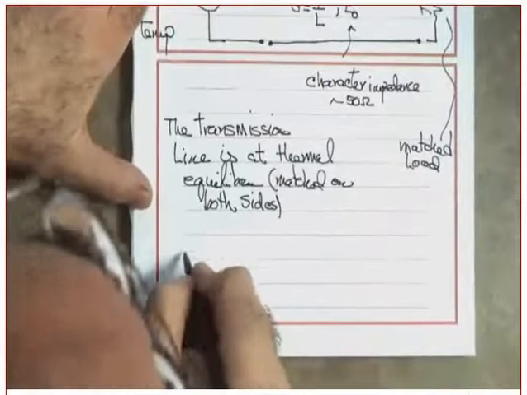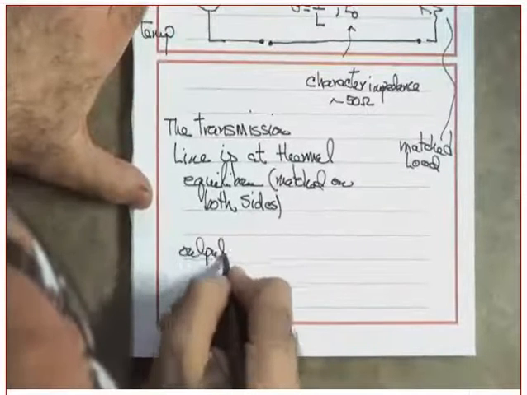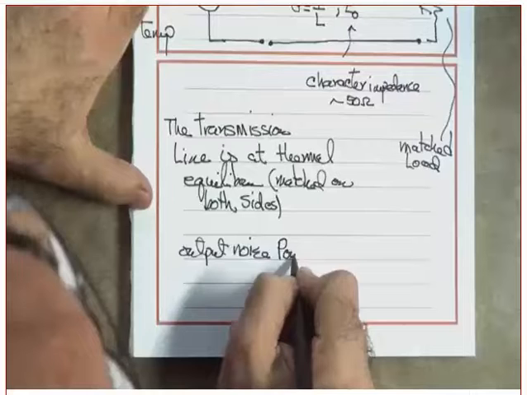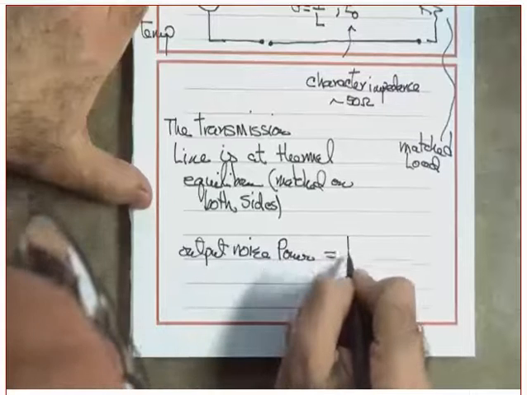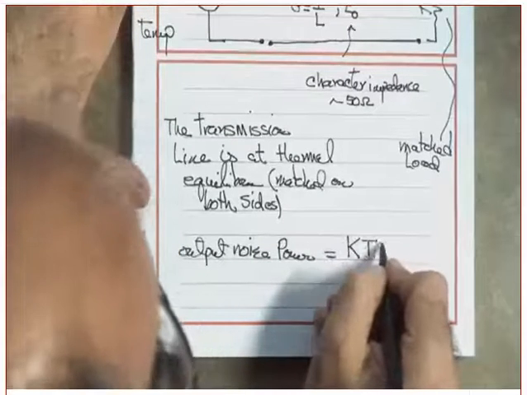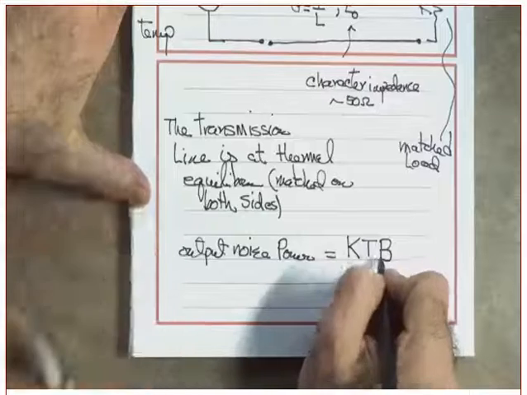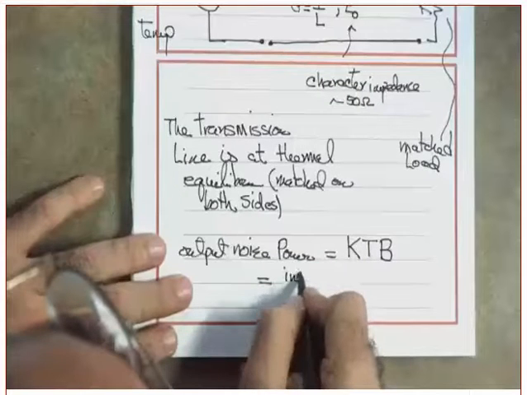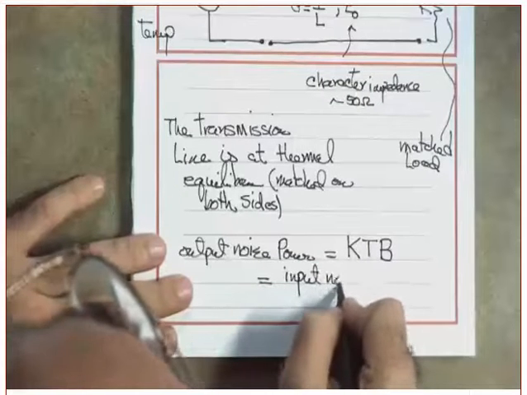Clear? The output noise power is kTB, which is equal to the input noise power.